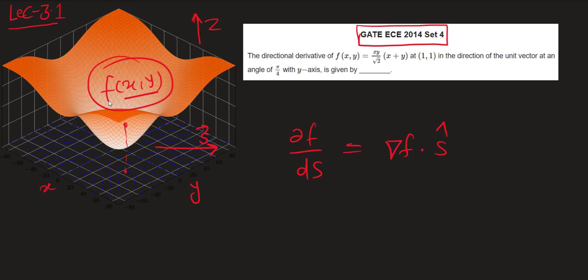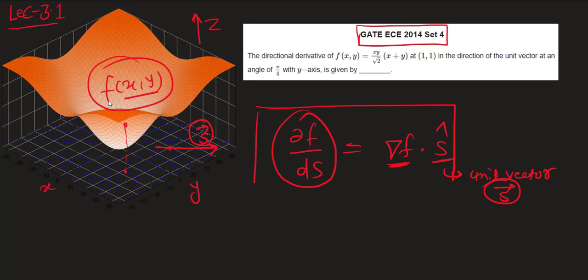So in the s vector direction we are going, then the rate of change of this function in this direction is given by gradient of f dot product with s cap. s cap is simply the unit vector in the s vector direction. This is the equation we derived in the last lecture. You might look back to lecture 3 if you want to find the proof of this equation.